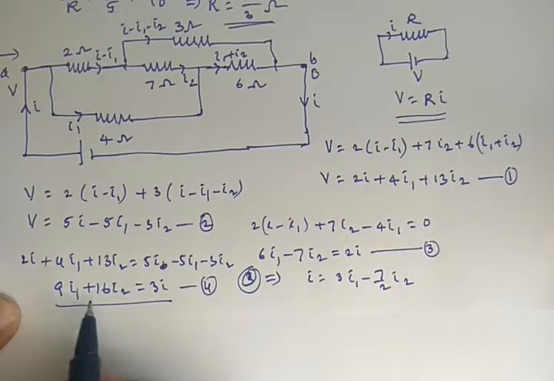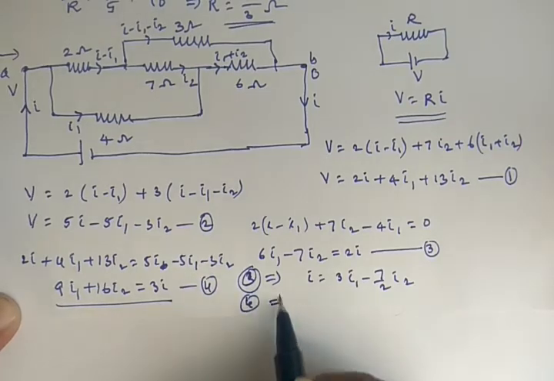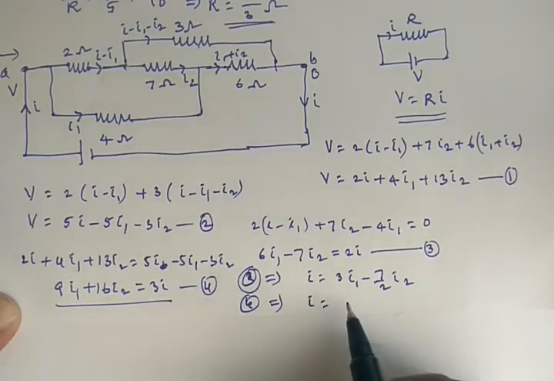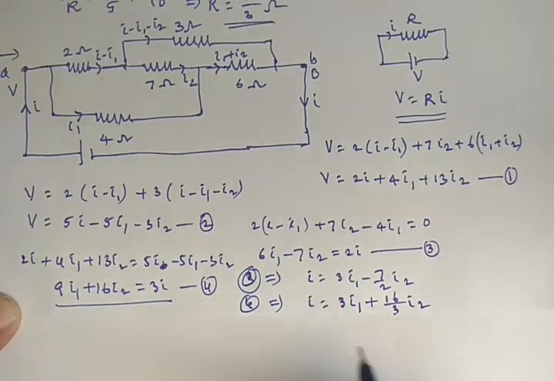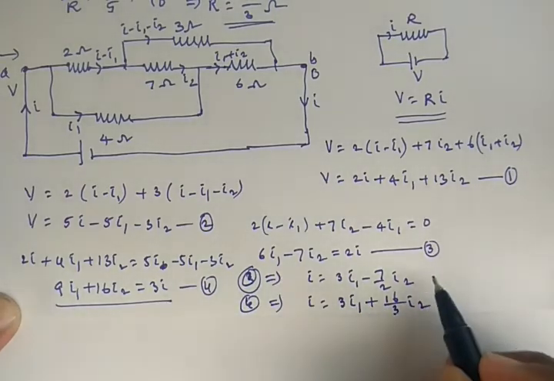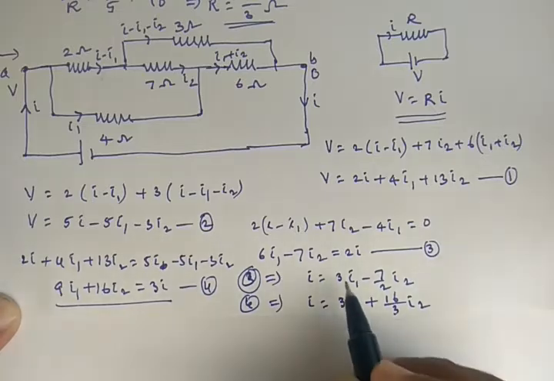Similarly, from 4, I equals 3i1 plus 16 by 3i2. Once you solve these two equations, let us remove this equation from that equation.